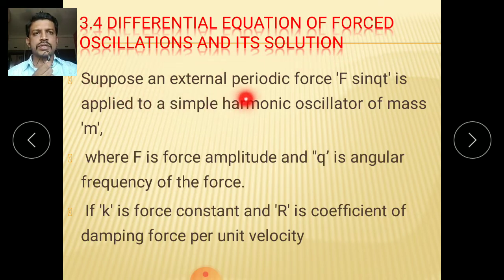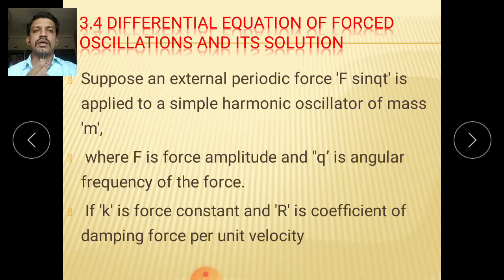Suppose an external periodic force F sin qt is applied to a simple harmonic oscillator of mass m. Means in case of forced oscillation, we should apply some external periodic force, and that external periodic force is shown by F sin qt.